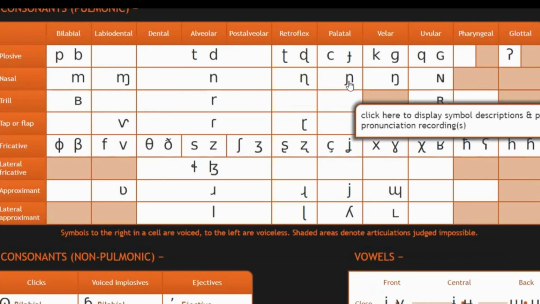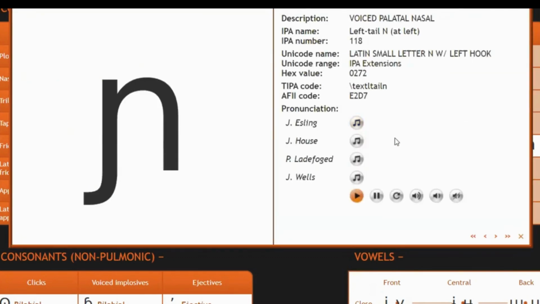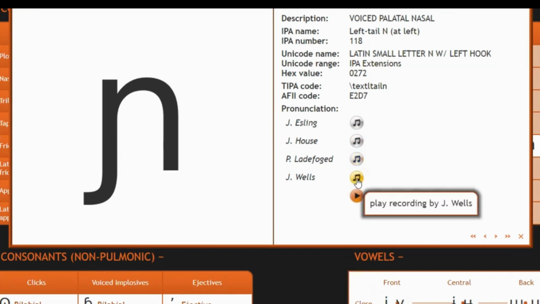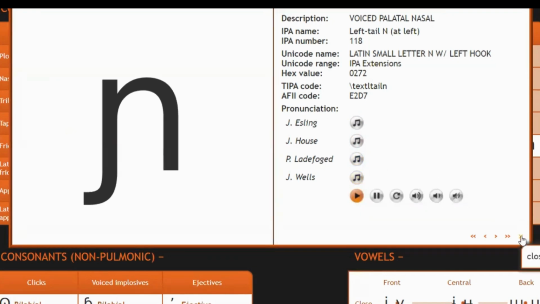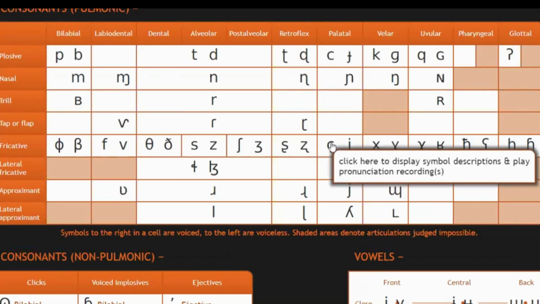Then the palatal nasal. Nya, nya, nya. Next, we have the palatal fricatives, both voiceless and voiced.